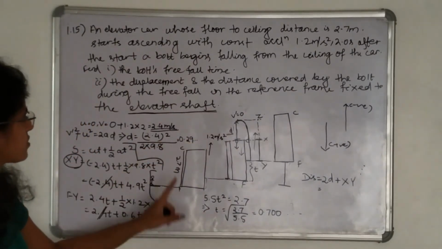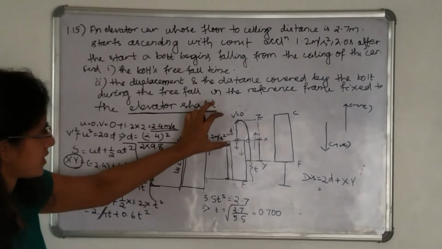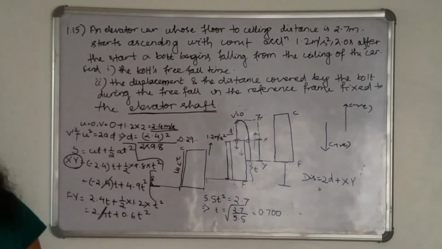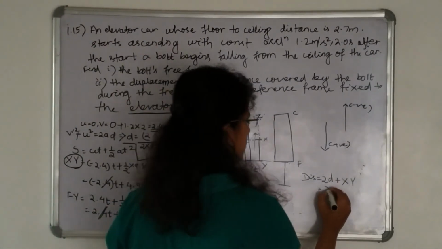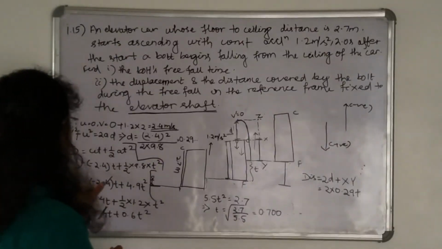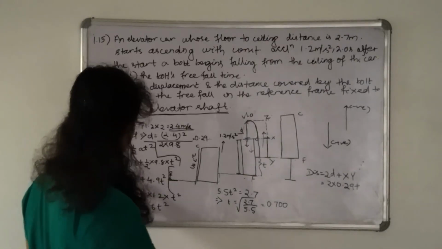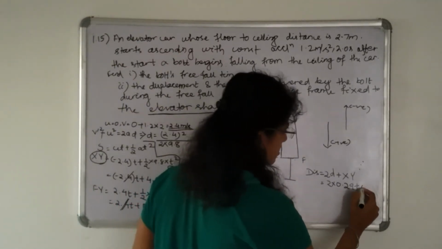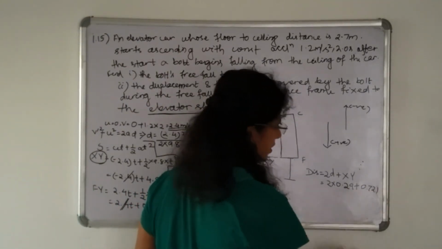Okay, so this distance we have calculated is 0.29. So this distance is also 0.29. So 2 into 0.29 plus xy. If you calculate this, xy comes across 0.721.